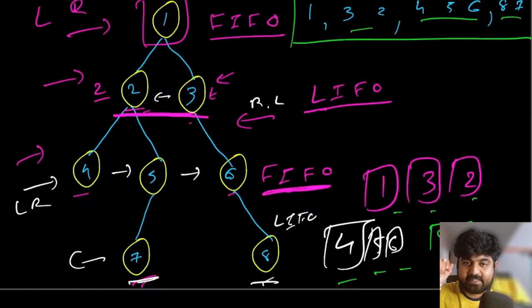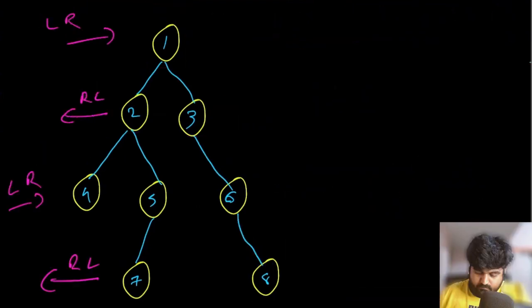So let me clean this up a bit and walk you through my solution, where we are simply arranging the way we are entering the values inside the queue and popping the values out of the queue. Okay, so now we are going to have our queue.